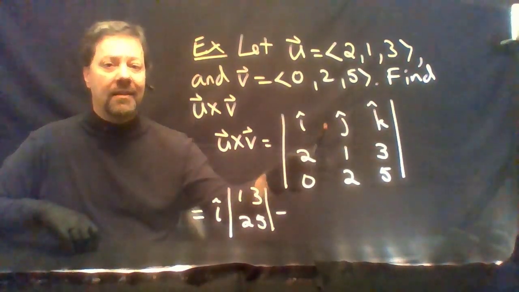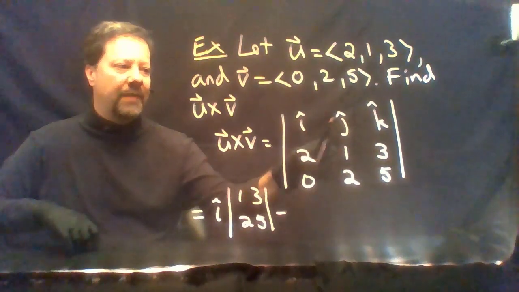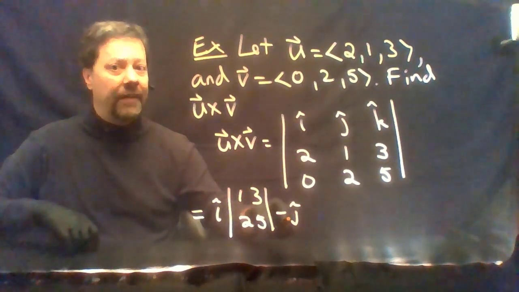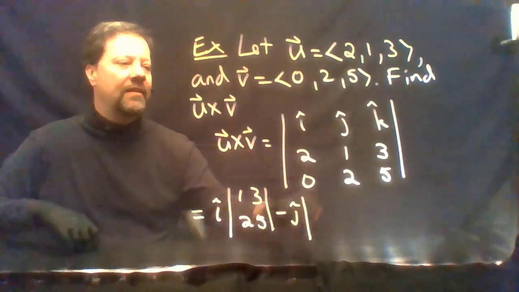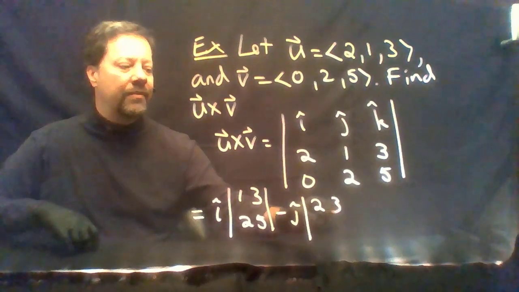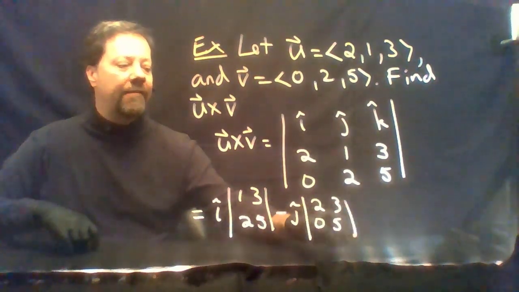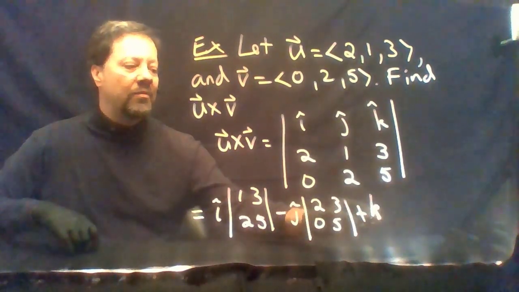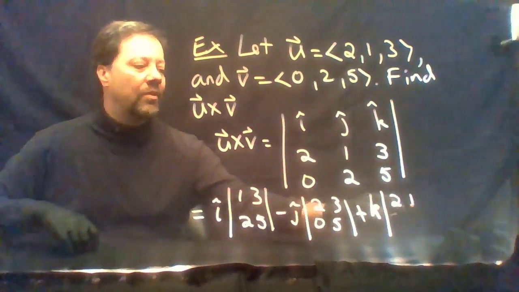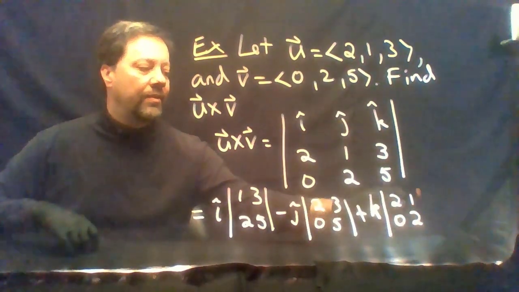You get a minus on the middle cofactor, plus, minus, plus. Minus j, don't forget the minus, times the determinant of the submatrix 2, 3, 0, 5. Plus k times 2, 1, 0, 2.